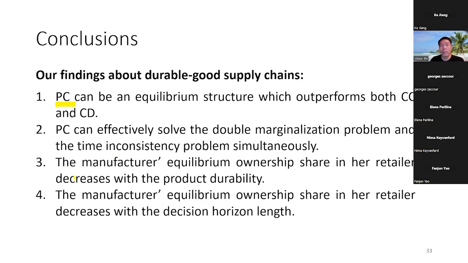Specifically, the manufacturer's equilibrium ownership share in her retailer decreases with product durability. If the product is more durable, the equilibrium ownership share is lower. It also decreases with the decision horizon length, so a longer decision horizon means a lower equilibrium ownership share.